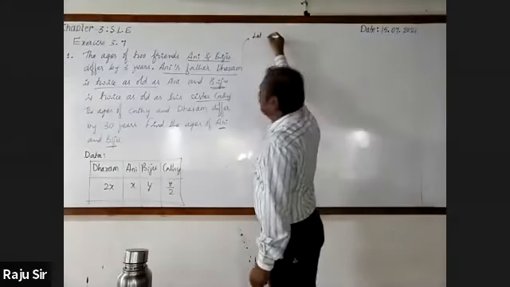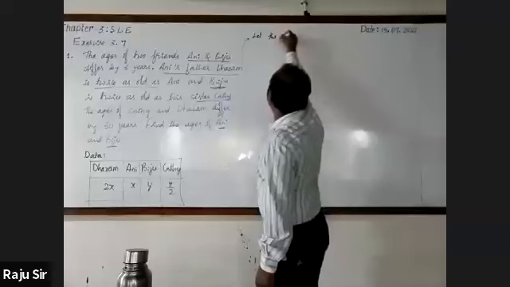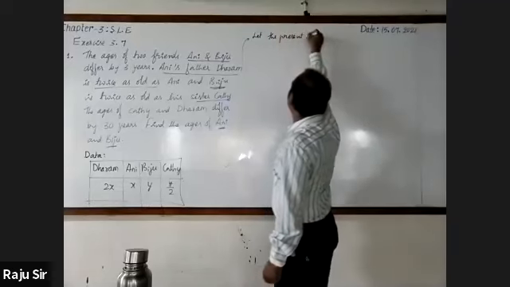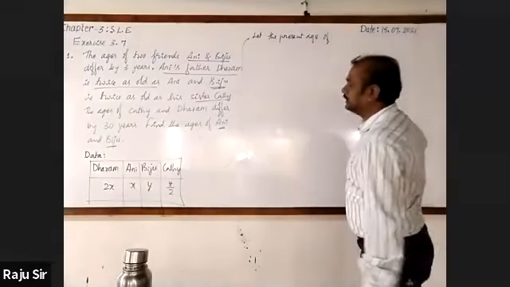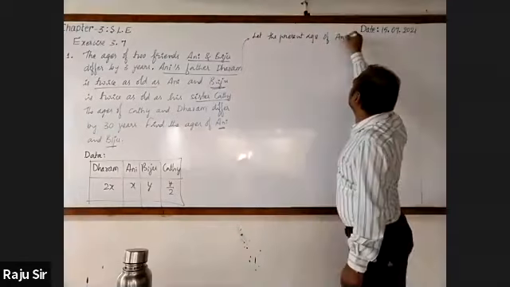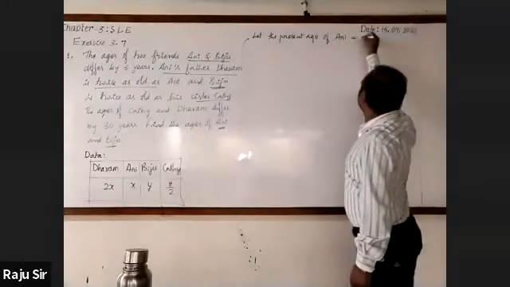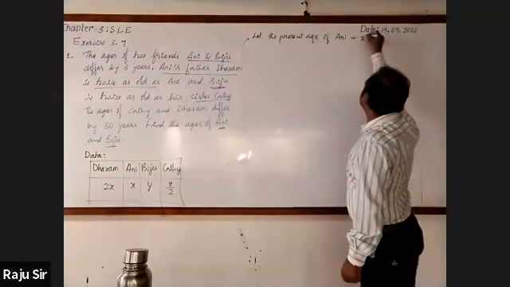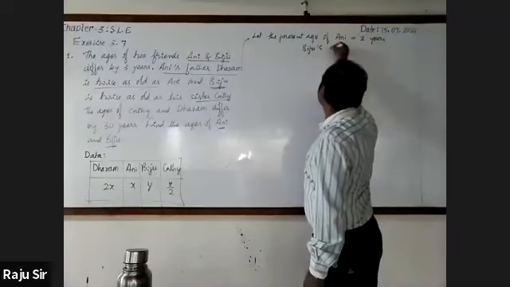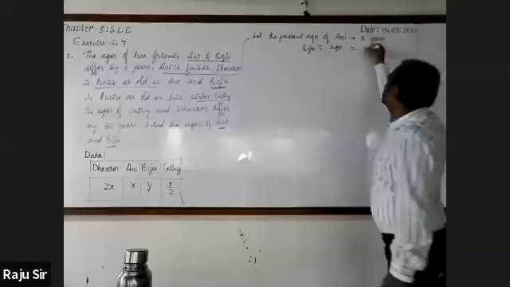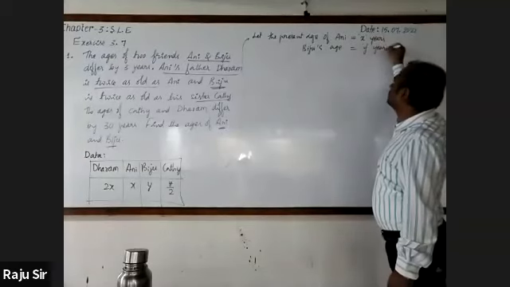Here, let the present age of Ani be X years and Biju's age Y years.